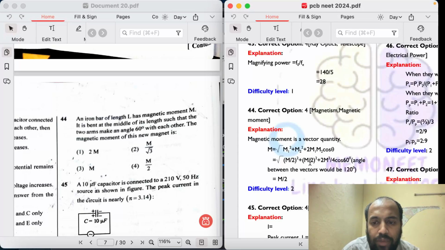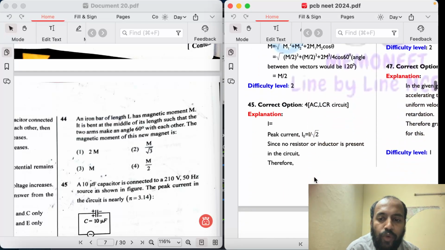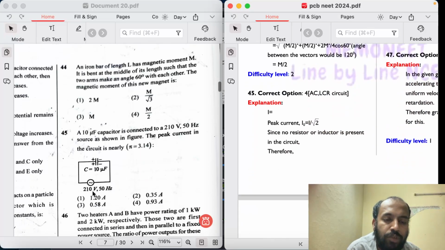M2 would also be M by 2, and theta is equal to 60 degree, and in place of M1 and M2 you put M by 2, so that it will be M square by 4, M square by 4 multiplied by 2, and then you can do your calculations, and this would be M divided by 2. Okay, so this answer would be M by 2. That's option number 4. Let's go to question number 45.